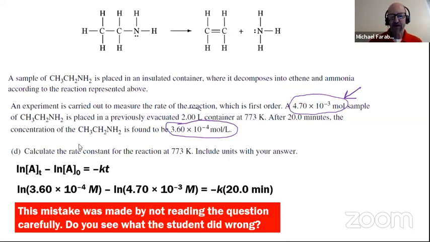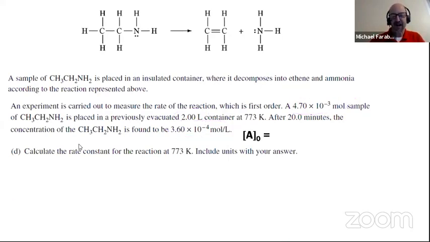And by the way, unlike the last problem, which was a 1 liter container, we are not in a 1 liter container. So molarity is moles divided by liters. So the initial concentration is actually 2.35 times 10 to the minus 3 when you do moles divided by liters.